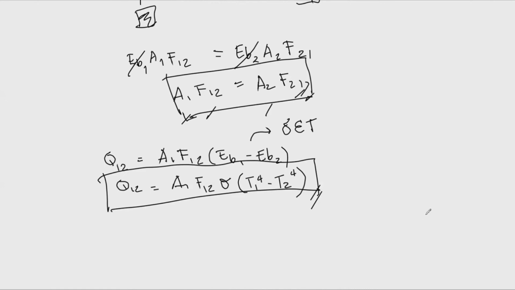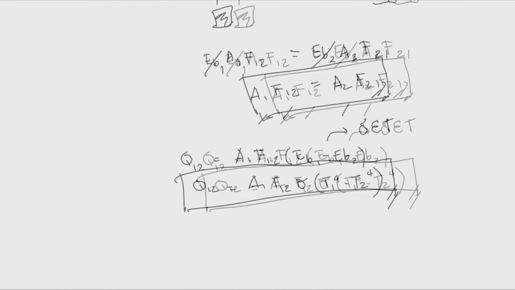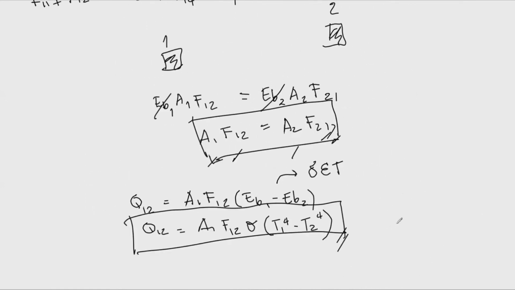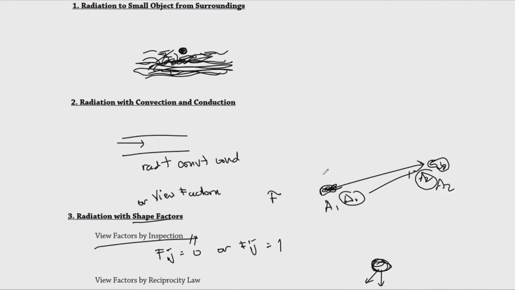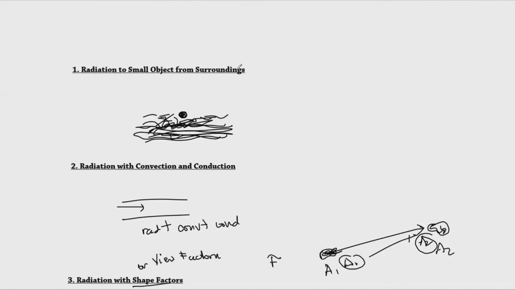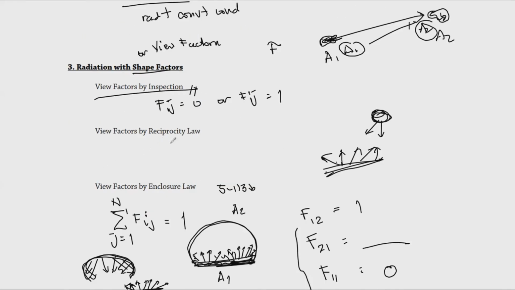So I hope you understood how this quick derivation works. Any material that is not exposed to the surroundings, meaning it has something in its proximity, another material whose size is not very large compared to that material, we would always be using these shape factors.